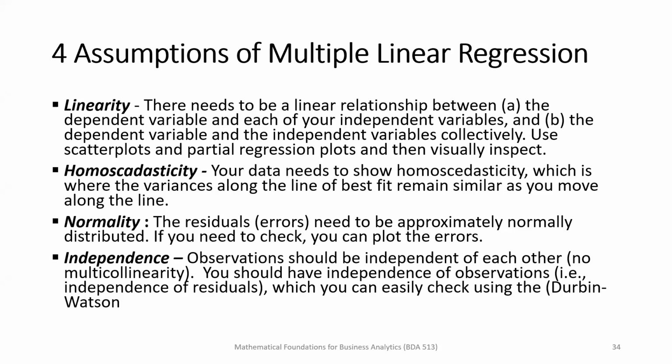You need to remove one of them. So that is where the issues of multicollinearity come in, where you have independent variables that are highly correlated to each other. You need to remove them.